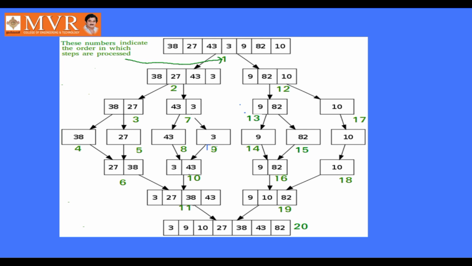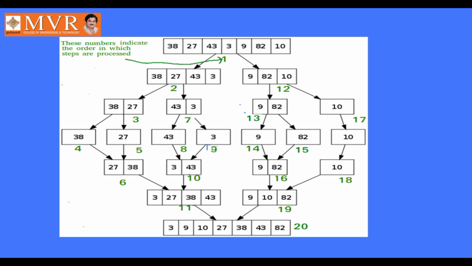Like this I have performed the divide procedure. Till now I have performed the divide technique. Now I will swap the elements if they are not in order and perform the conquer technique, that is sort the elements and arrange them in order in this step.